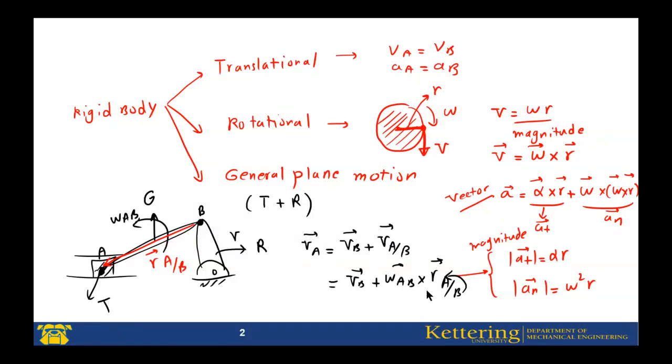This is the relative distance of the A with respect to B. Got it? Any questions from previous lecture before I move to the next slide? Can I move to the next slide? Yes.